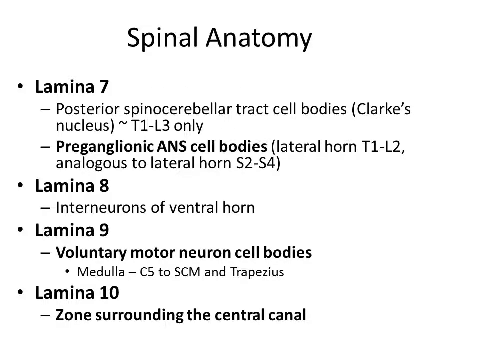Lamina 7, as I said, is where we're going to find interneurons, but also preganglionic autonomic neuron cell bodies, if we are in the thoracic or upper lumbar spinal cord, or down at the sacral level, S2, 3, 4, where our parasympathetics are located. And then laminas 8 and 9, but particularly lamina 9, is where we have our voluntary motor neuron cell bodies. And then lamina 10 just surrounds the central canal.